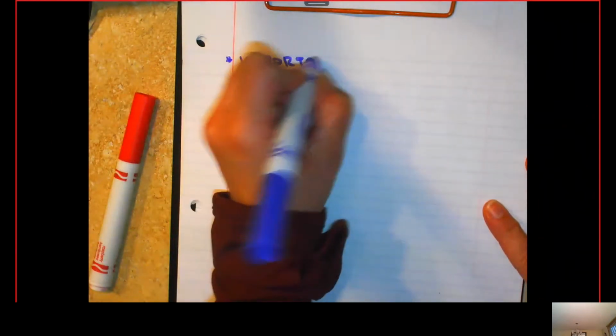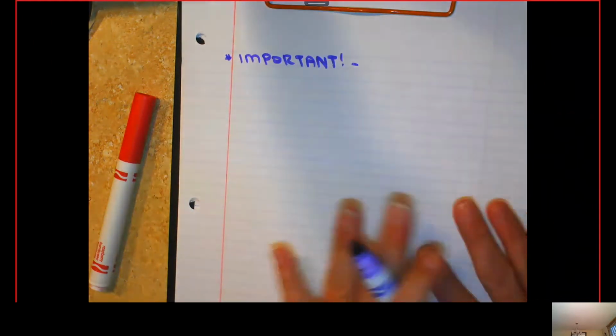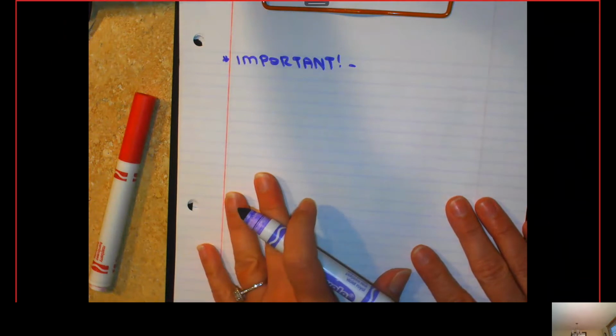And I just want you to put one little note for me so that you have this written down. This is kind of an important note. So can you write important? Last part of the notes. When you're simplifying a radical, you cannot divide a radical by a number that's not under the radical.